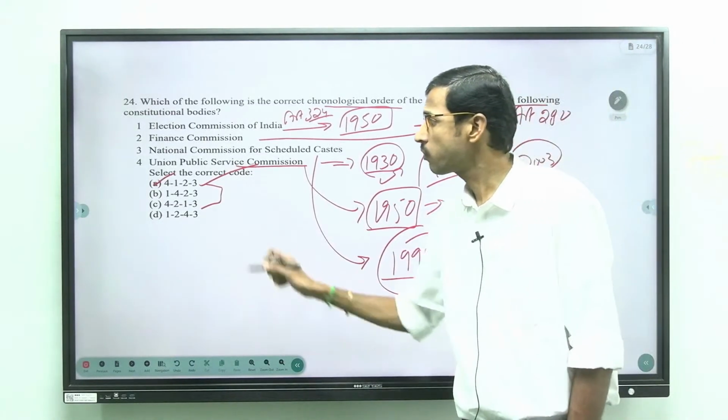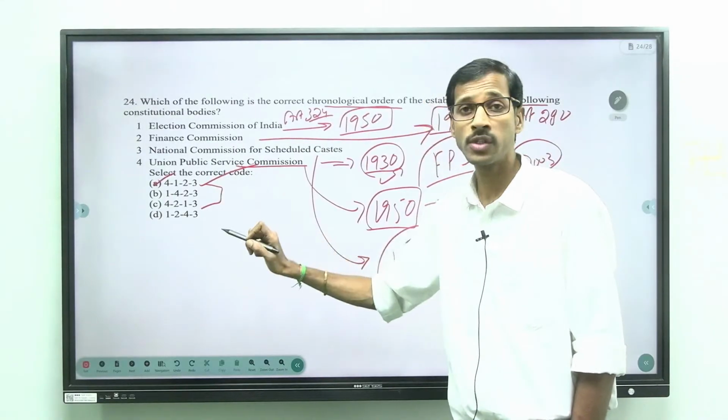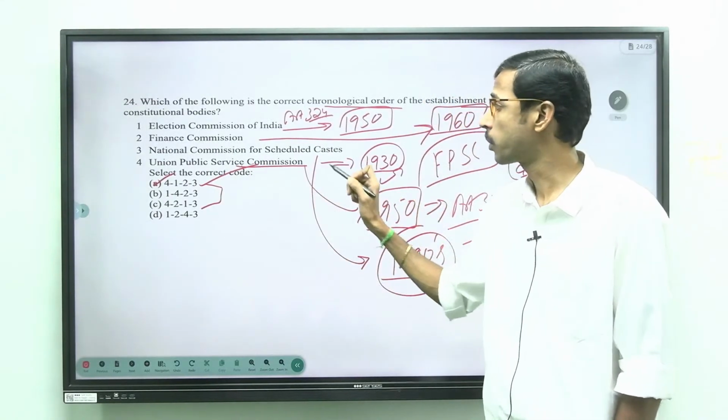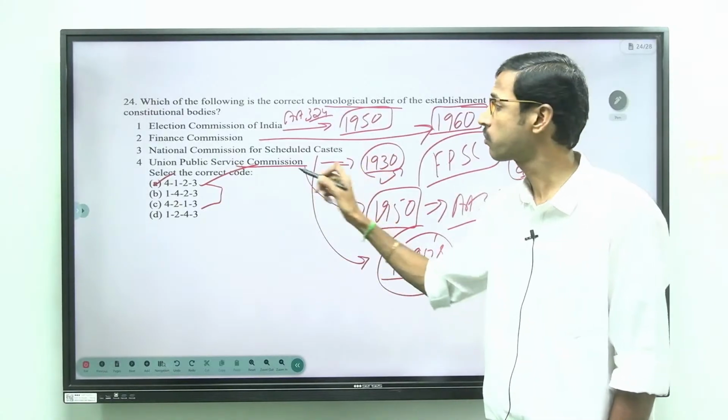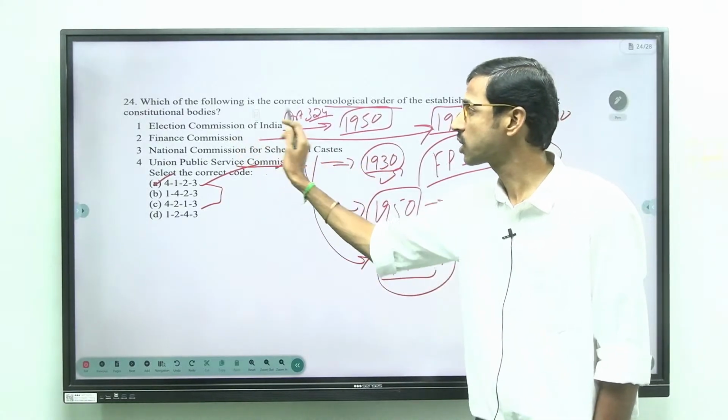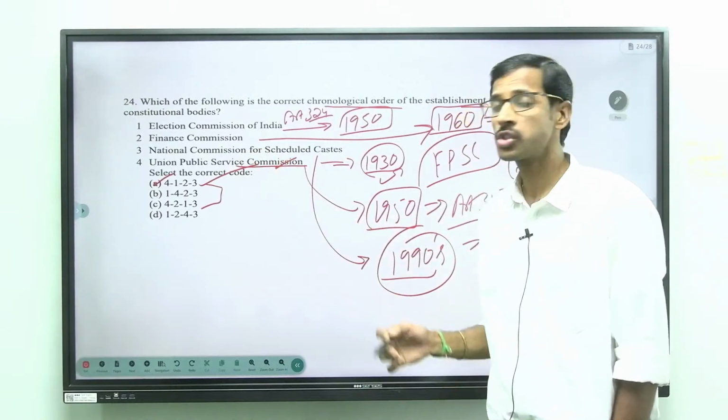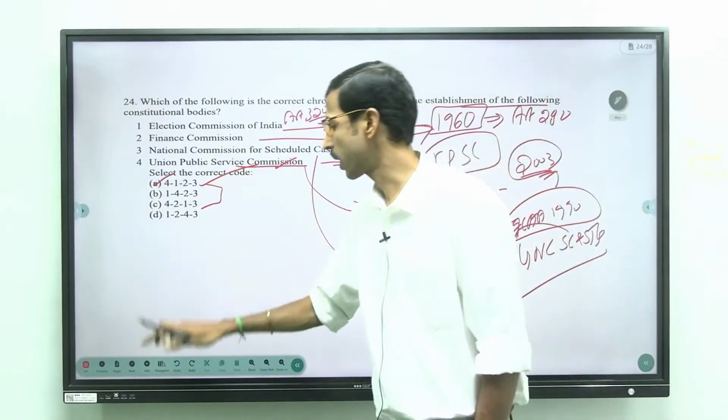So that's why here it is 4, 1, 2, 3. First of all, the Union Public Service Commission, as the Federal Public Service Commission in 1930, the first body. Second, the Election Commission. Next, the Finance Commission. Finally, the National Commission for Scheduled Castes.